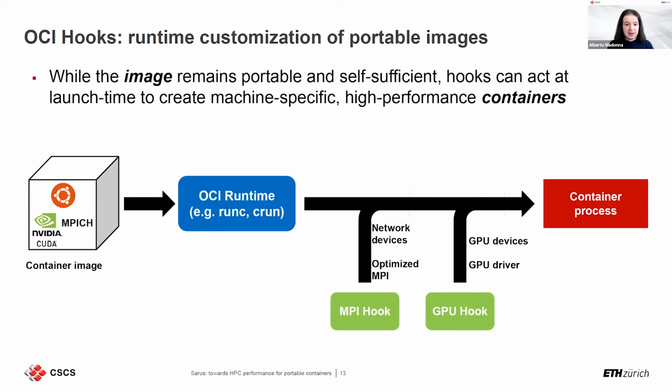On the other hand, what characterizes HPC are custom technologies, both hardware and software. These technologies are often proprietary, sometimes even machine-specific in a sense. So once we get these portable container images on the systems, we need something to provide this missing link to cover the last mile and be sure to bestow performance to the portable images.